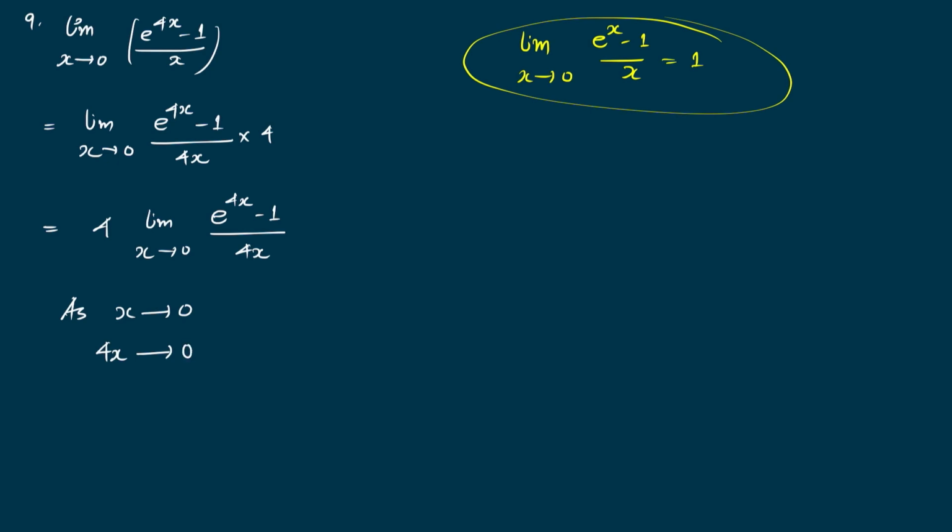So now my limit will be equal to 4 limit 4x tends to 0 of (e to the power 4x minus 1) by 4x. Now as you can see, this portion and this portion are similar. Instead of x, we have 4x here. That means this portion will be equal to 1. So my answer will be 4 into 1, which is equal to 4.